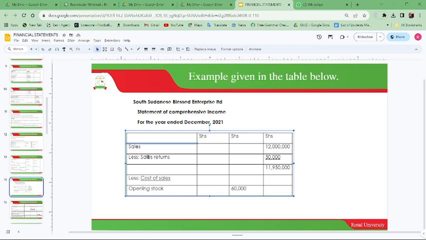When you sell your goods, those goods are usually returned.